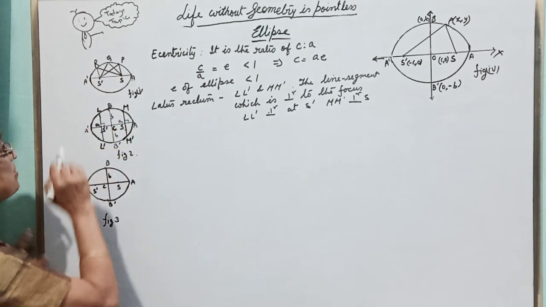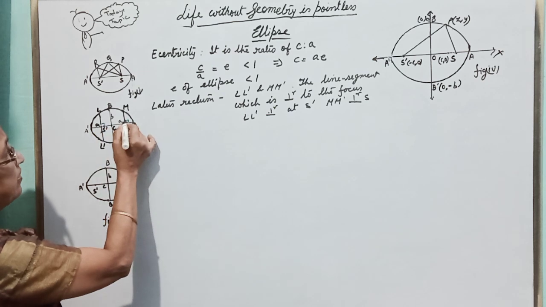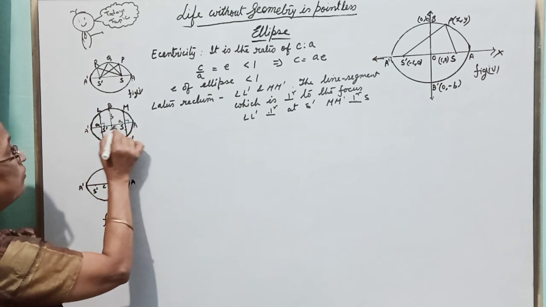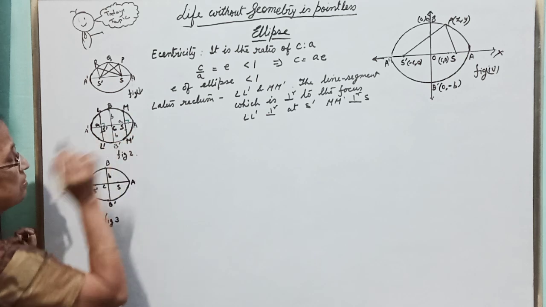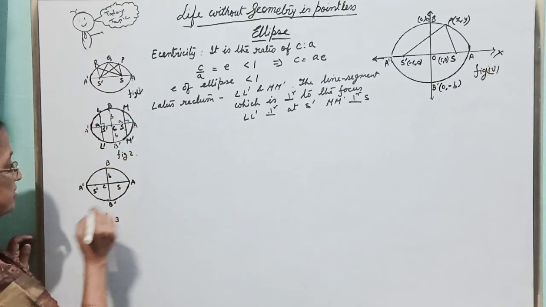Students, L dash is the perpendicular, so you can see this is perpendicular, 90 degrees. This is also perpendicular to the major axis. So L dash and M dash are the latus rectum.